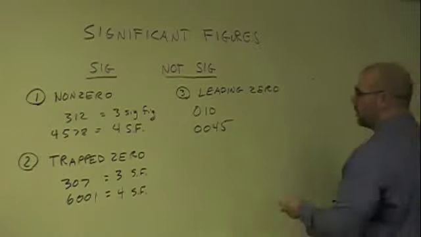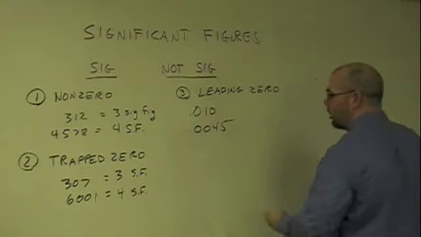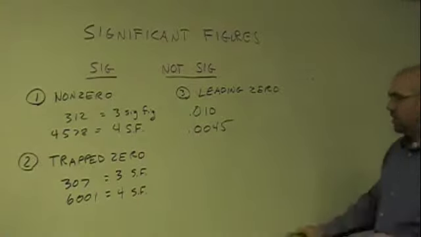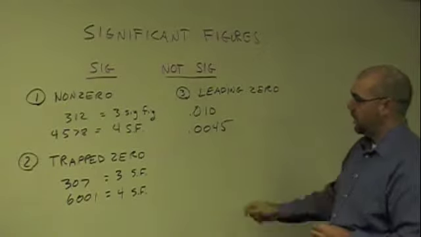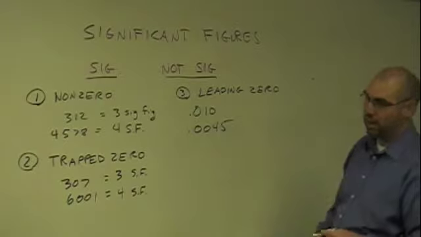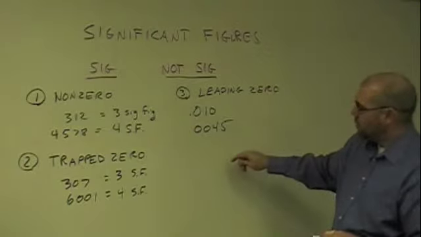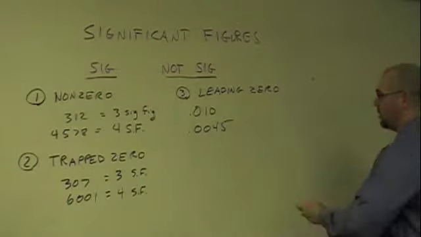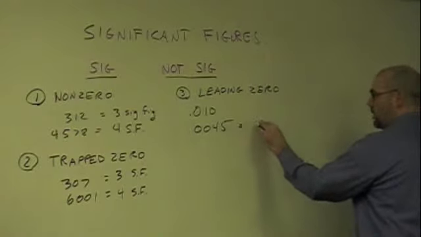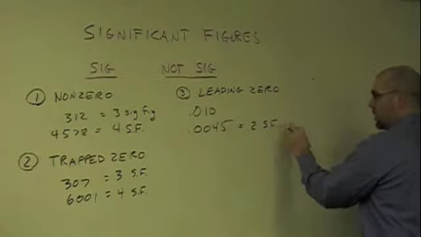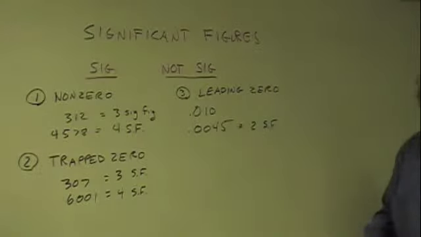Wherever we put a decimal, we don't care. The only thing those zeros do is tie the tens place to the label that you're using on that measurement. So leading zeros are misleading. These do not count. We'll leave the top one alone because we don't have a rule for that yet. Let's talk about that last zero, but this is 2 sig figs because those leading zeros don't count.